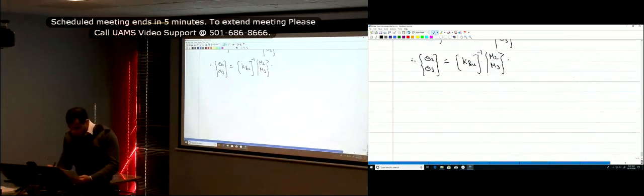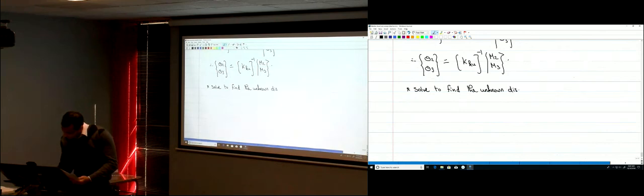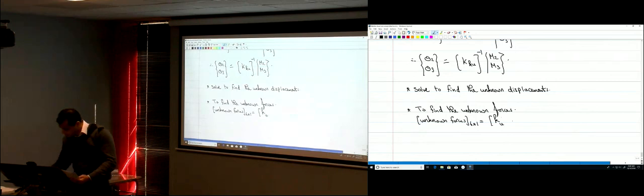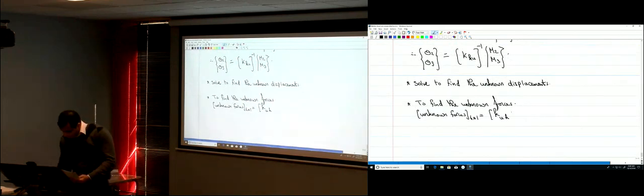So now, you solve this equation to find the unknown displacements, and then to find the unknown forces, you have the unknown forces, which is 6 by 1, equal to K unknown-known, which is 6 by 2, times U unknown, which is now known, right?